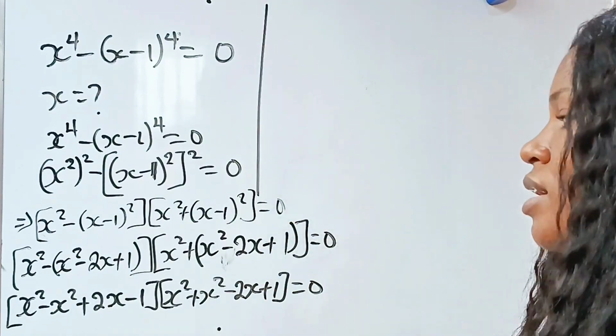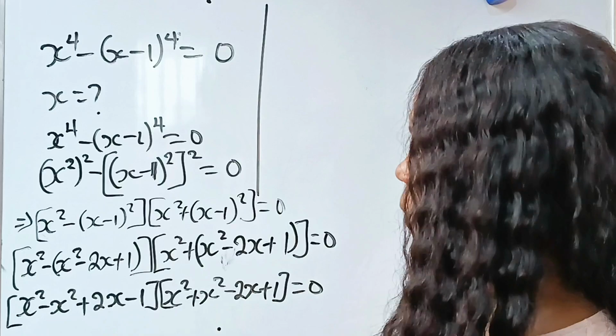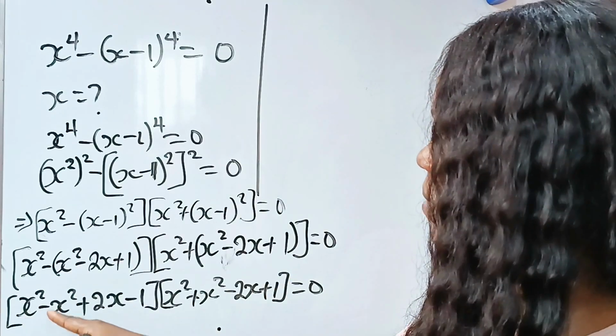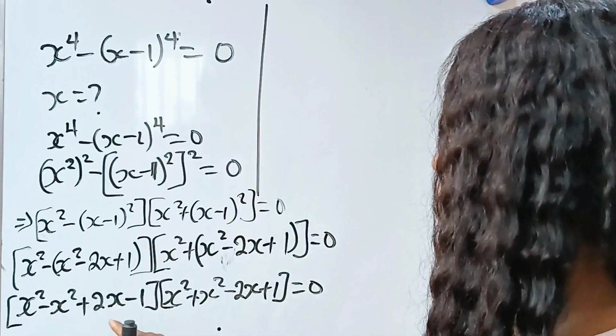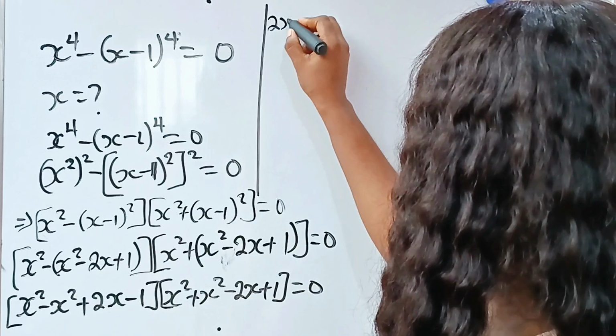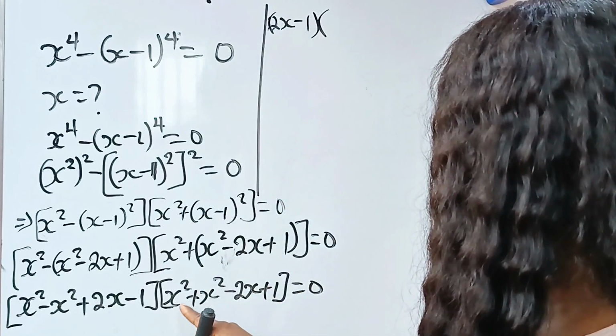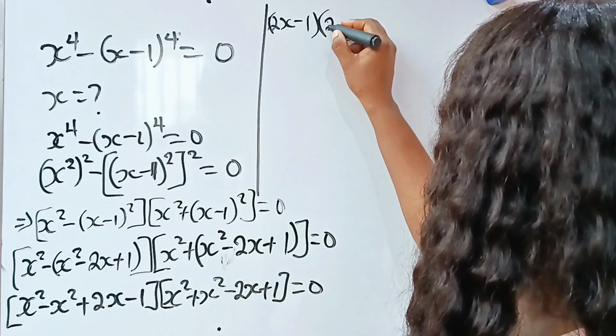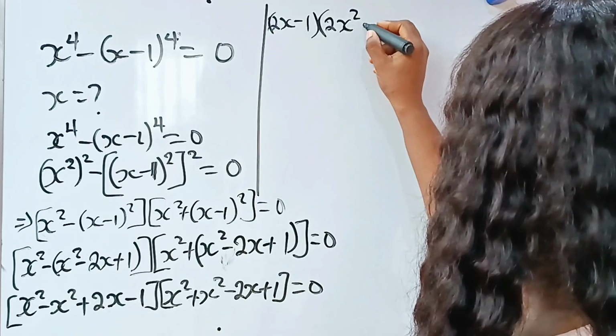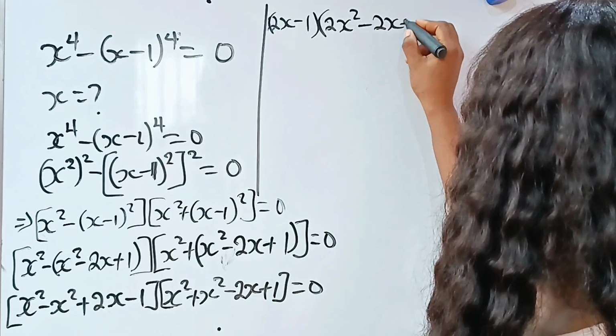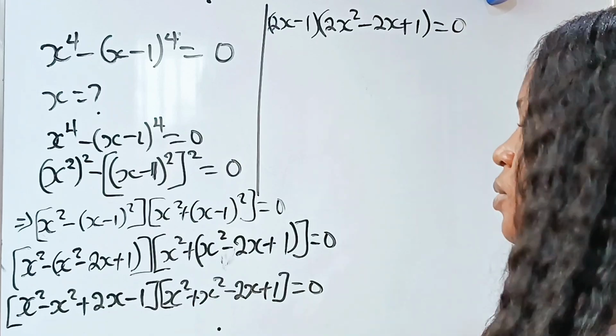Now let us continue. So we have x squared minus x squared will give us 0. So what we have here is that 2x minus 1, multiplied by, then here we have x squared plus x squared is 2x squared minus 2x plus 1 is equal to 0.